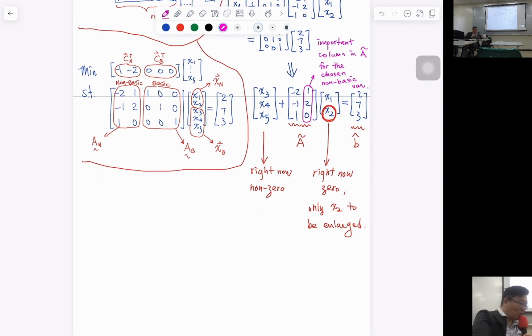Okay? So, in fact, you are treating this equation set as this, keeping the columns and keeping the chosen one.